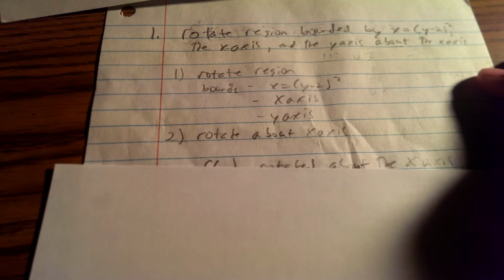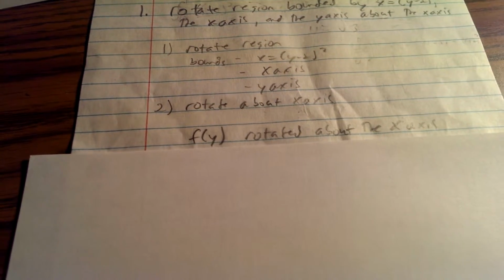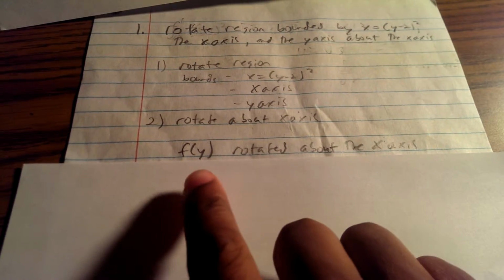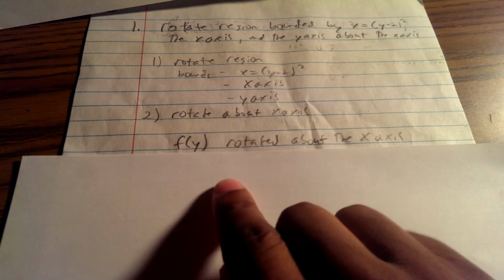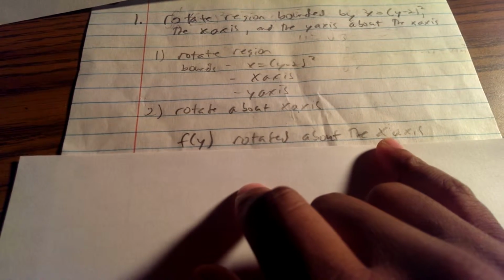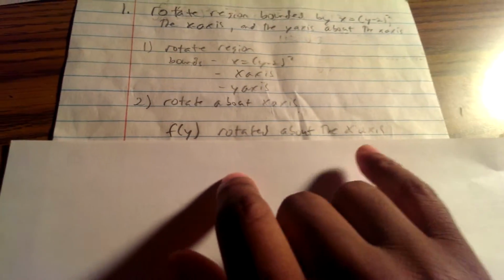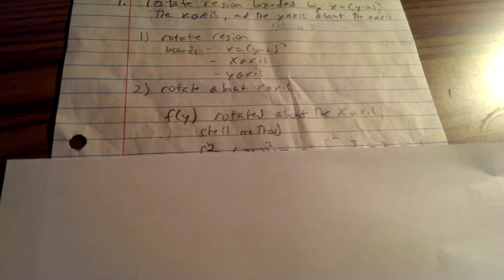So we notice that we have f of y rotated about the x-axis. Since the variable of integration, y, is opposite to the axis of revolution, x, we're going to use the shell method.